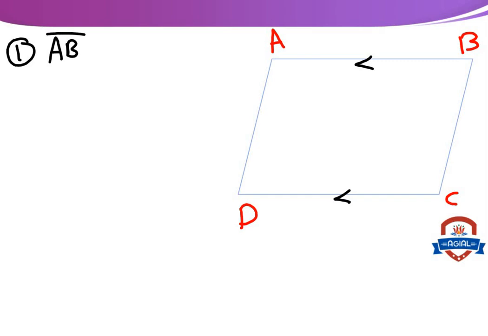Okay? If I have ABCD is parallelogram, then number one, each two opposite sides are parallel. Line segment AB parallel line segment DC. This sign means parallel.